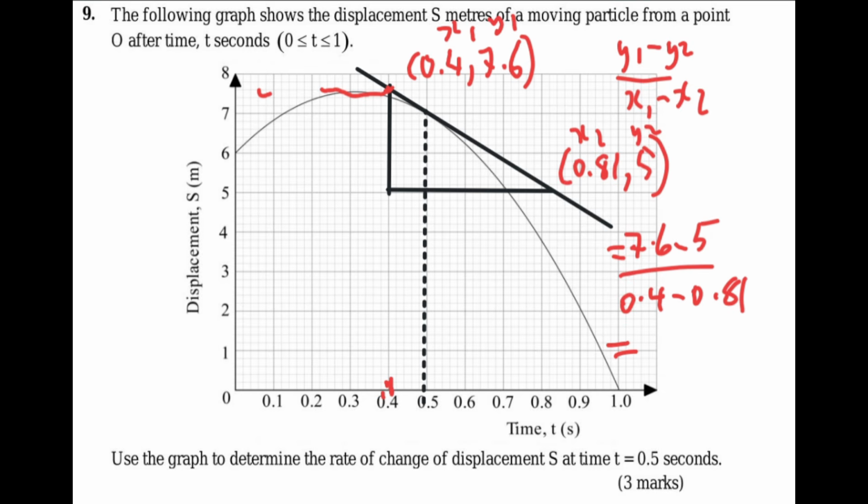Obviously answer yetu itatupa negative kwa sababu yenyewe slope ya shuka haipandi. 7.6 minus 5 itakupa 2.6, sawa. 0.4 minus 0.81 itatupa negative 0.41, so it's negative 0.41.